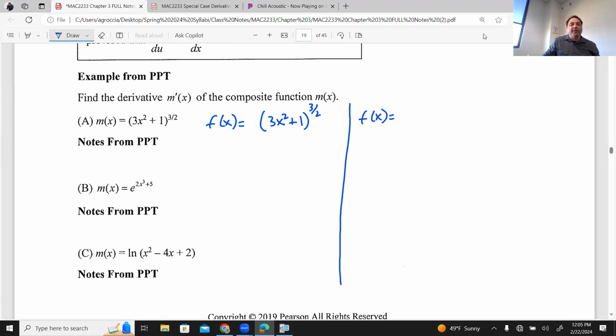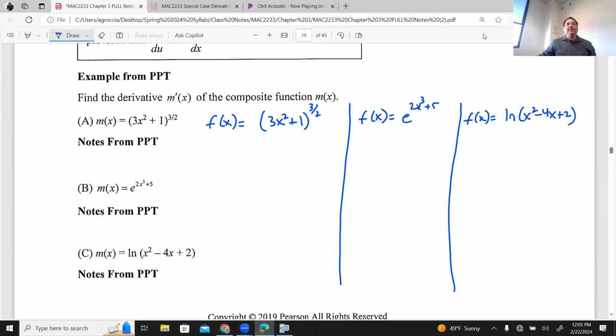The second one is going to be the derivative of e to the (2x to the third plus 5). And then the last one would be take the derivative of ln of (x squared minus 4x plus 2). Okay, so this is a good chance to use your 1 page of notes with all the special cases and all that stuff and work on all three.